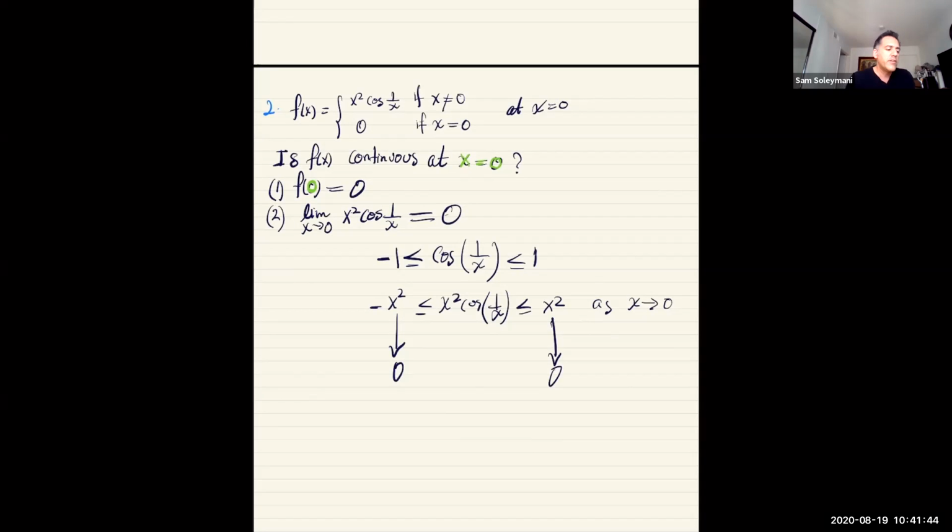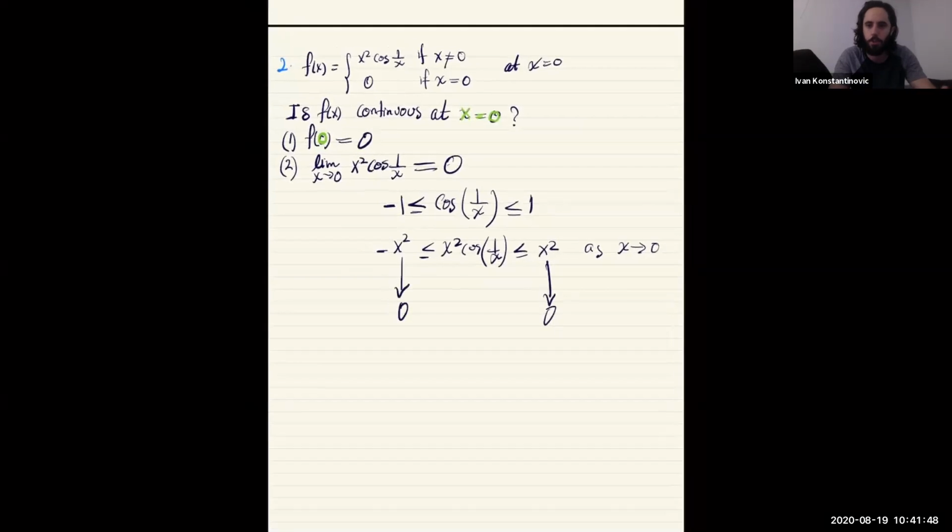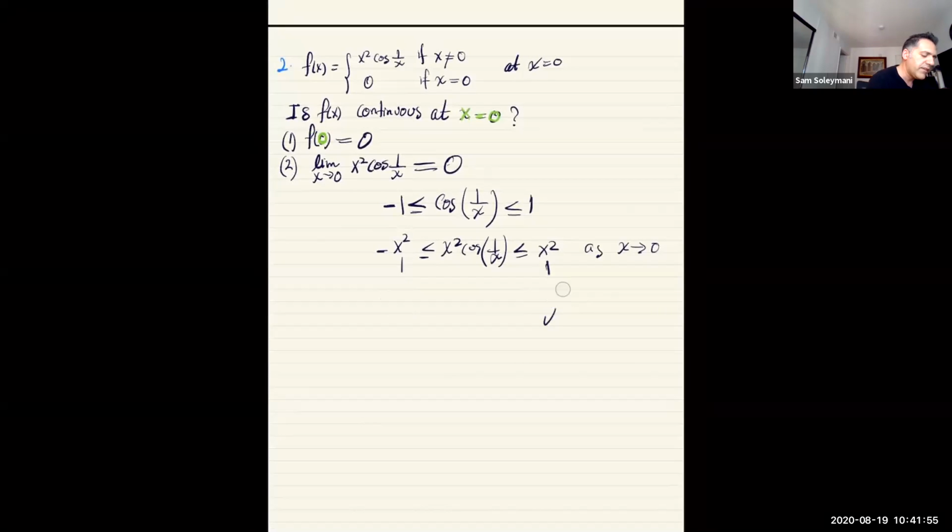Yes, for sure, this is a foolproof method of finding the limit. Yes, you can use it all the time. All right. Anything squeezed between 0 and 0 has got to be 0.